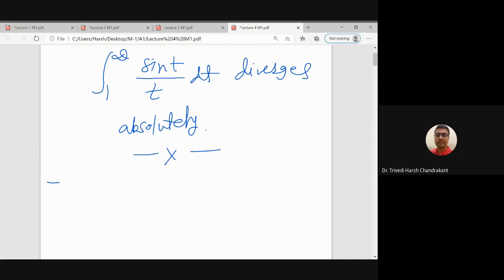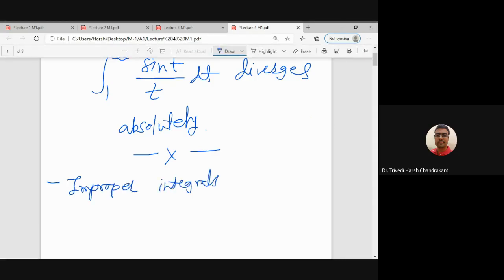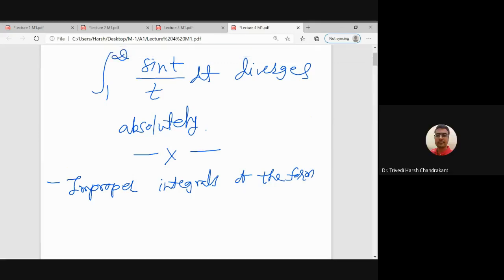Now, so far we have considered type 1 integrals, which are integration from a to infinity of f(t) dt, right? So improper integrals. Sir, do we also call this conditionally convergent? Right, exactly.